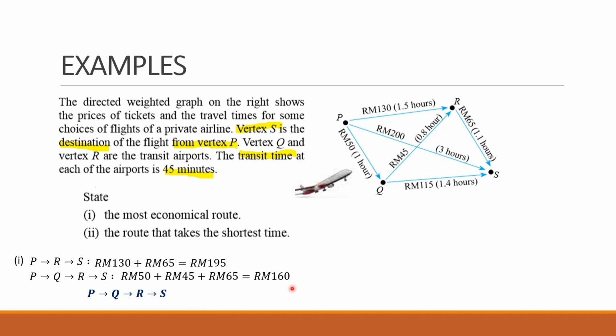Then we go to the next question, the route that takes the shortest time. Now we compare the time taken. For this one, don't forget that we have transit time for airport R and airport Q. For P going to S, there is no transit, so it is automatically 3 hours. Let's do P going to R, going to S. It will be 1.5 plus 1.1, which is 2.6.